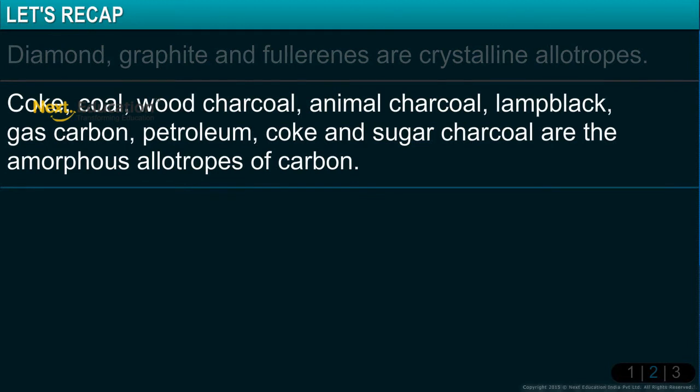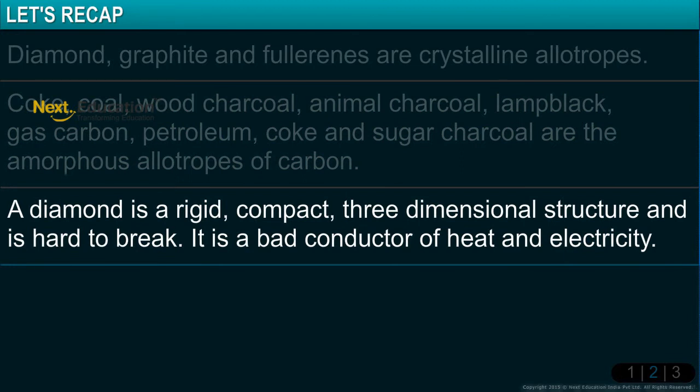Coke, coal, wood charcoal, animal charcoal, lamp black, gas carbon, petroleum coke, and sugar charcoal are the amorphous allotropes of carbon. A diamond is a rigid, compact, three-dimensional structure and is hard to break. It is a bad conductor of heat and electricity.